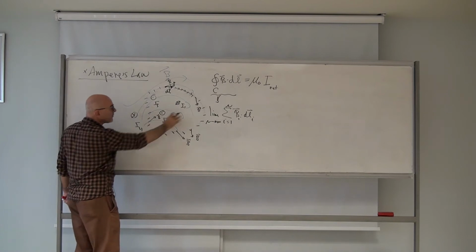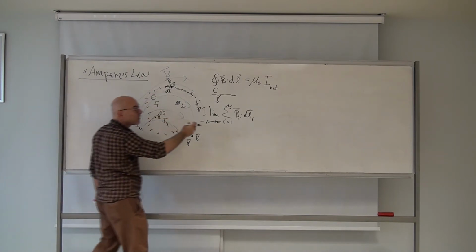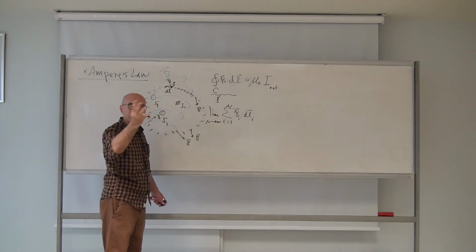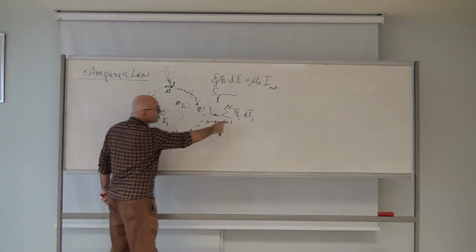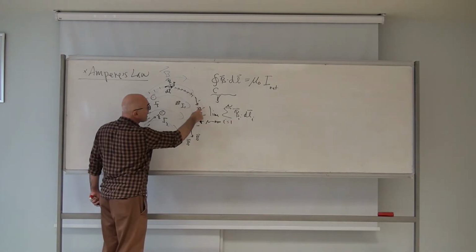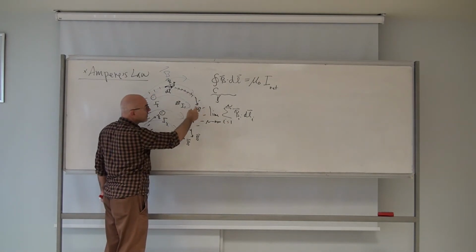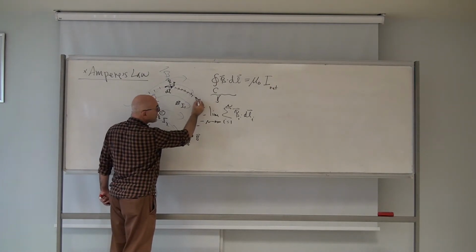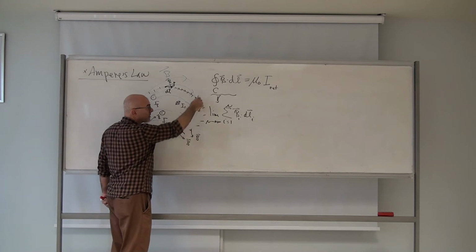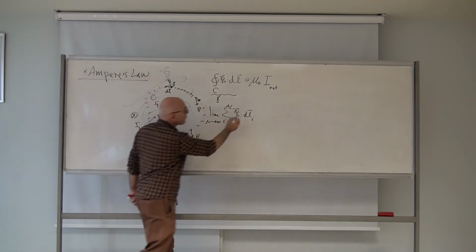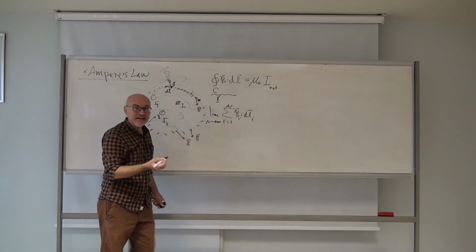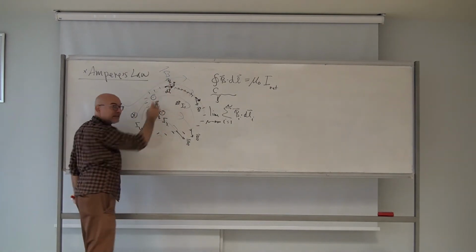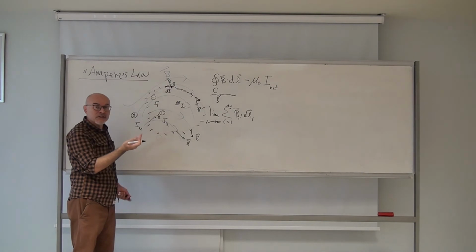I divide this into n delta Ls, each one given a label: DL1, DL2, DL3, DL4. And the magnetic field for each DL will be different. For example, for this DL, the magnetic field has this magnitude and this direction, and so on. Now, Bi dot DLi is the dot product between B and DL. And the dot product, it means what?